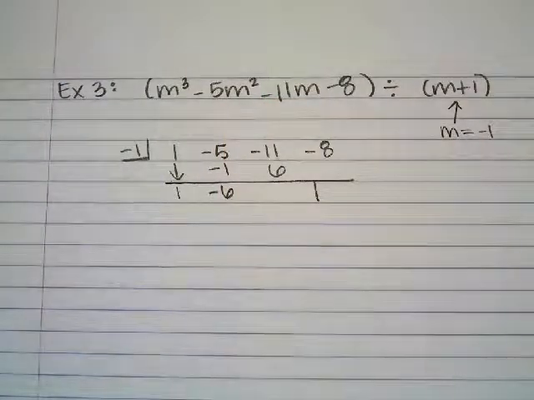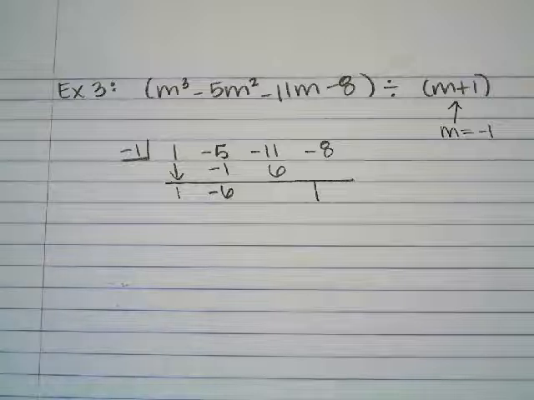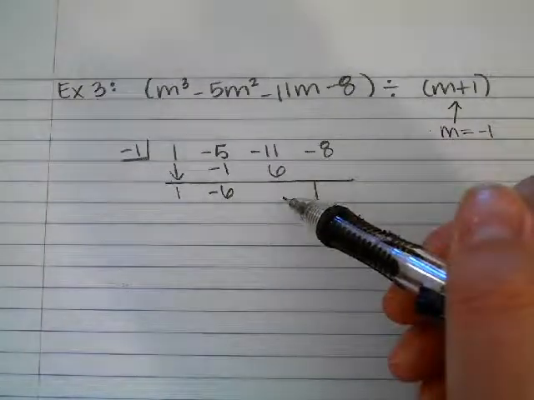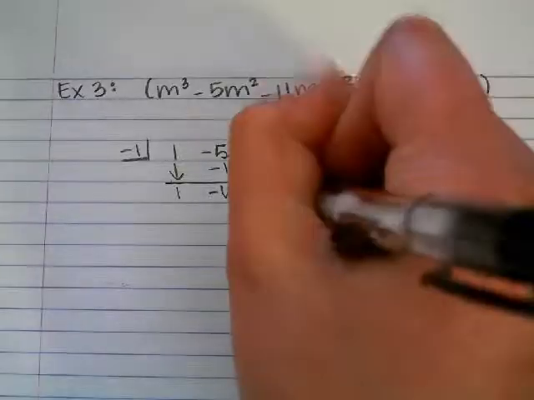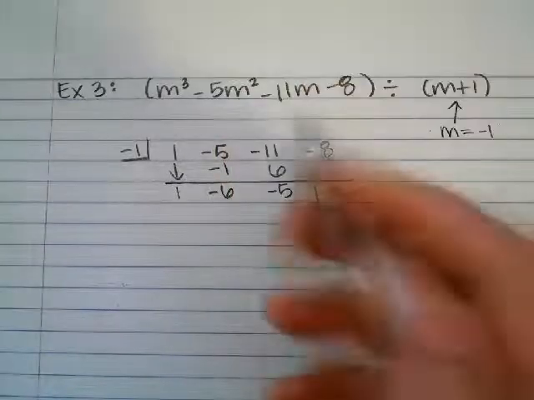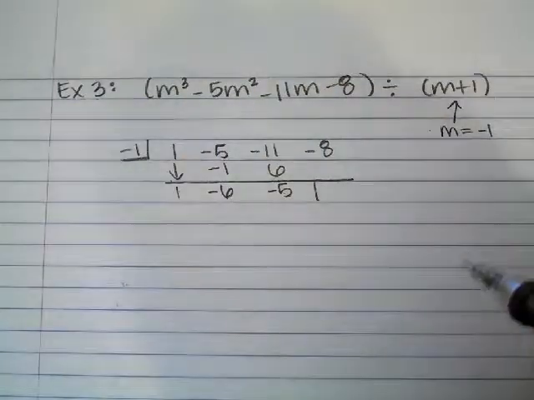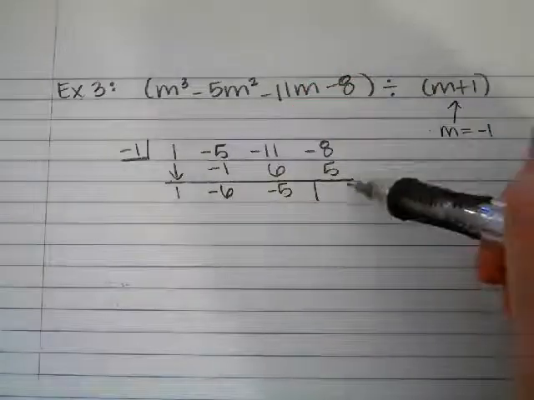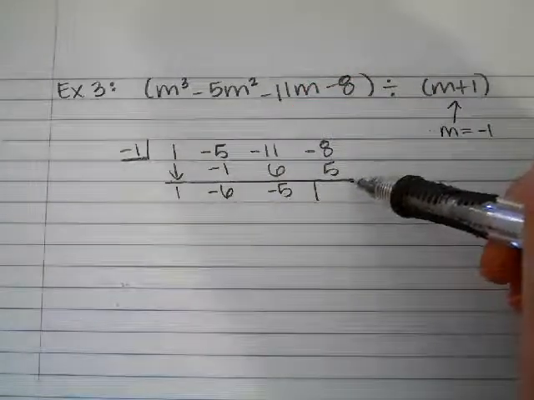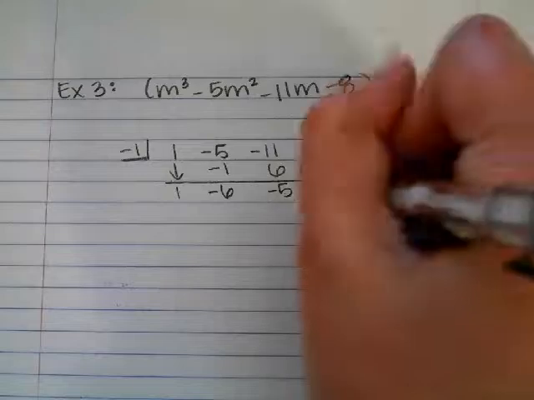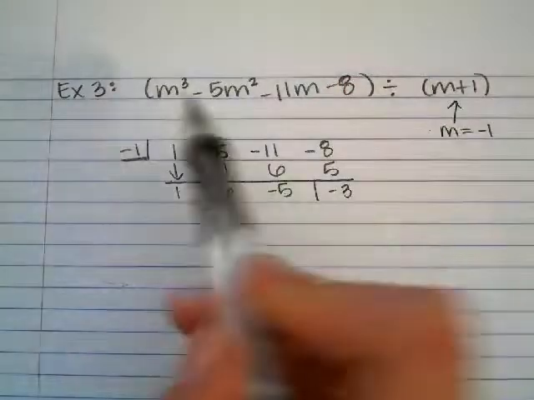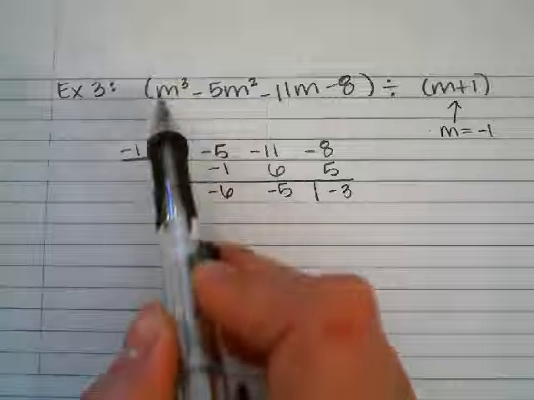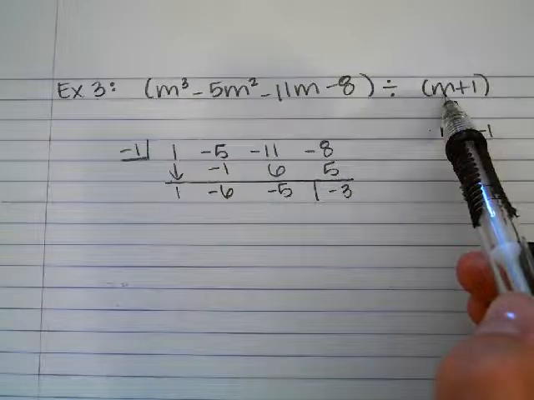Okay. -11 plus 6, -5. And then -5 times -1 is 5. And then we'll add those together. -3. Okay. So if that was an m to the third, and we've done division, m to the third divided by m would be m squared.